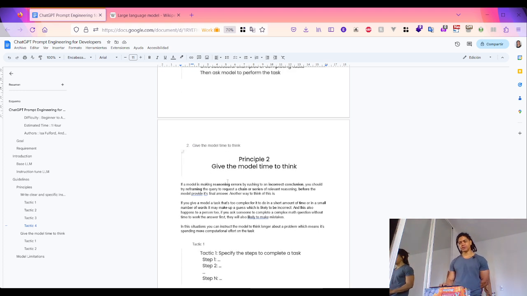And the second principle is give the model time to think.